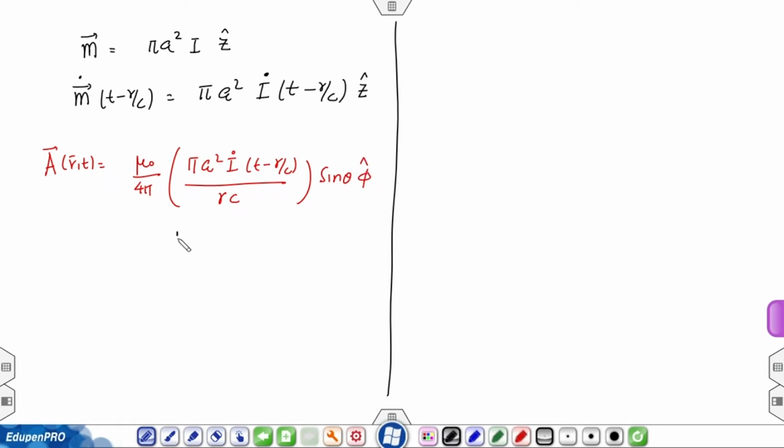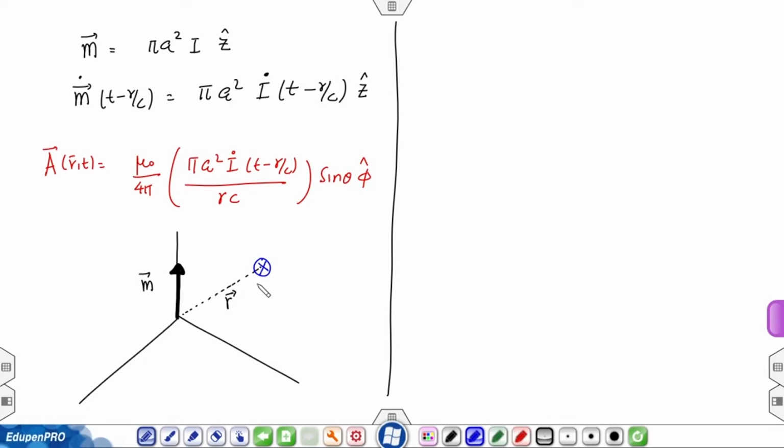So, let me make this picture again. When I go to distance at vector r, m is in this direction, shown in the z direction, and φ is like this.